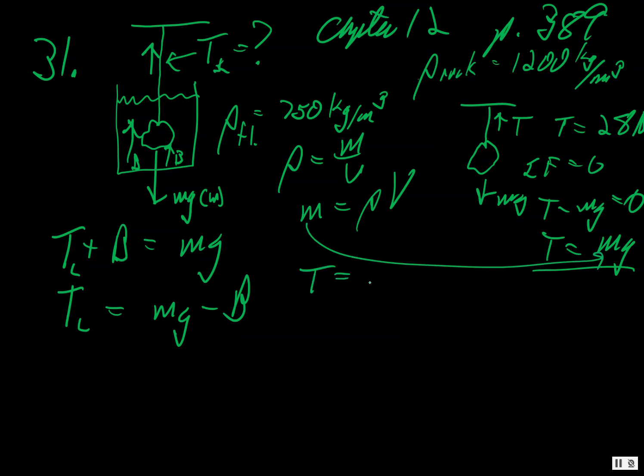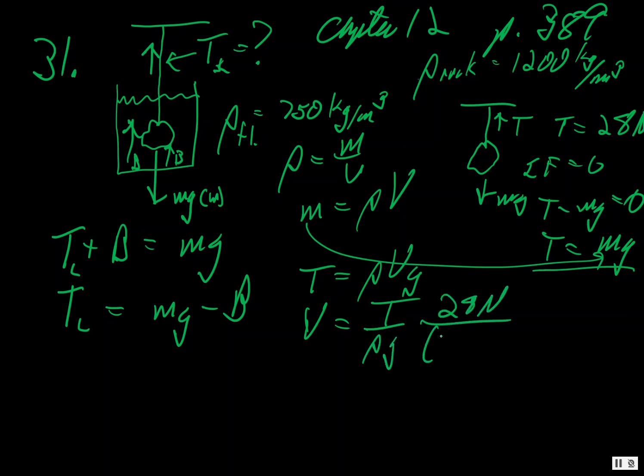Tension is equal to rho times V times G, and so the volume of the rock then, that's capital V, is equal to the tension divided by what? Rho times G. So the tension was 28 newtons divided by the density of the rock, which is 1,200 kilograms per meters cubed, times 9.8 meters per second squared.